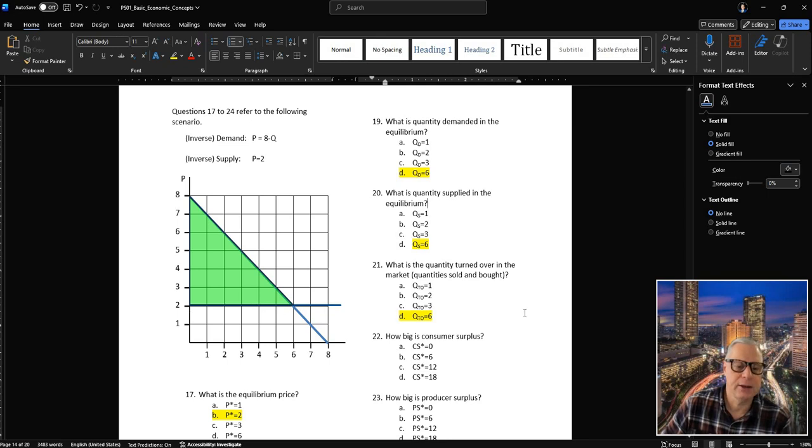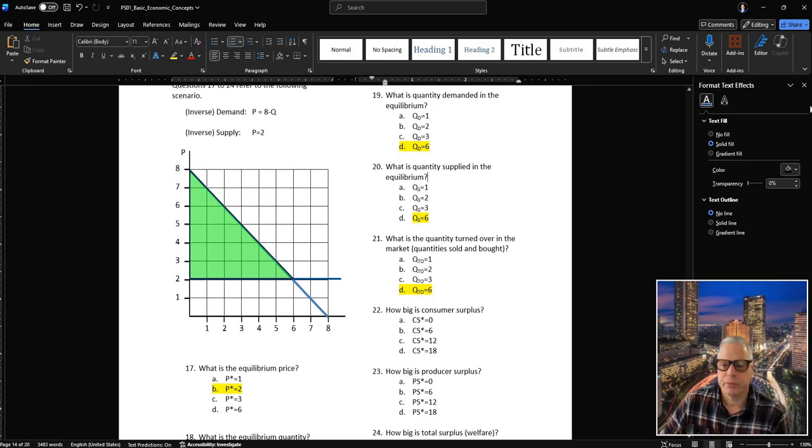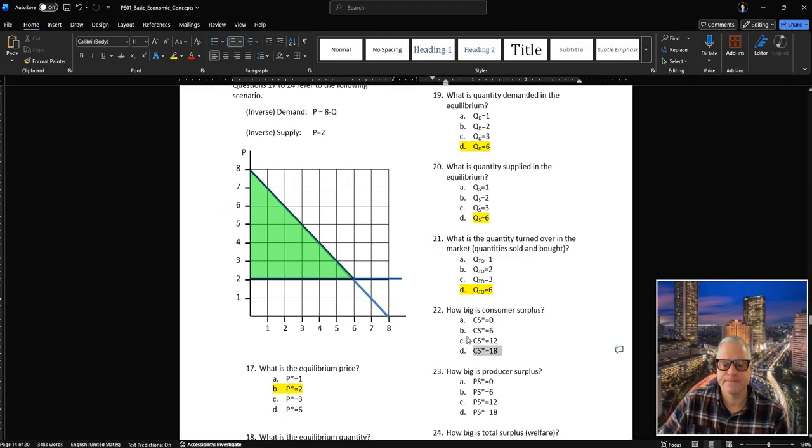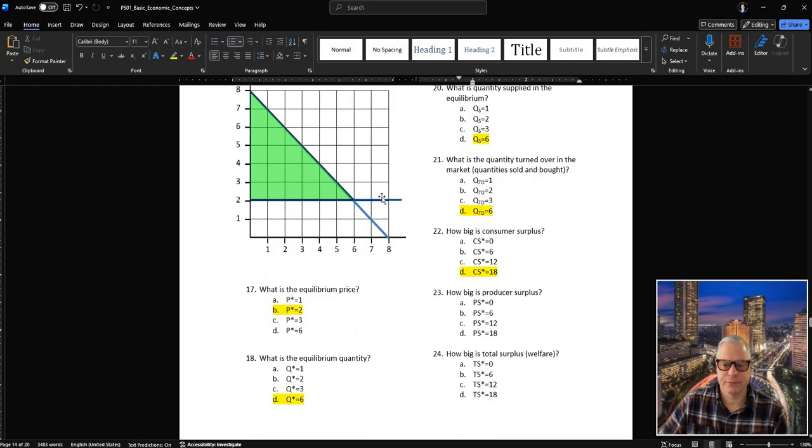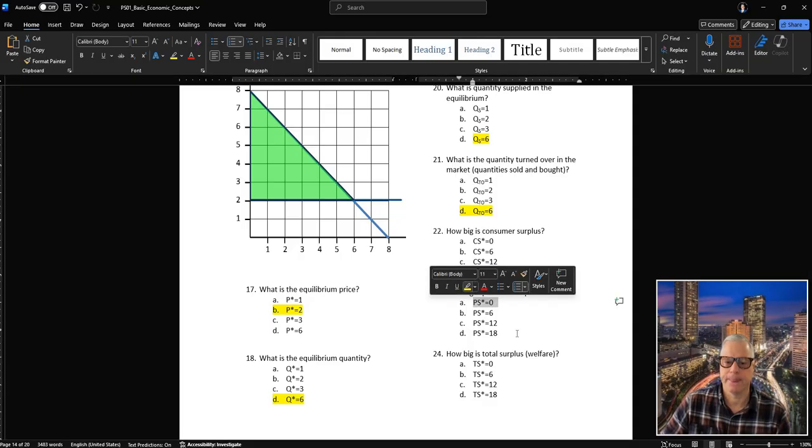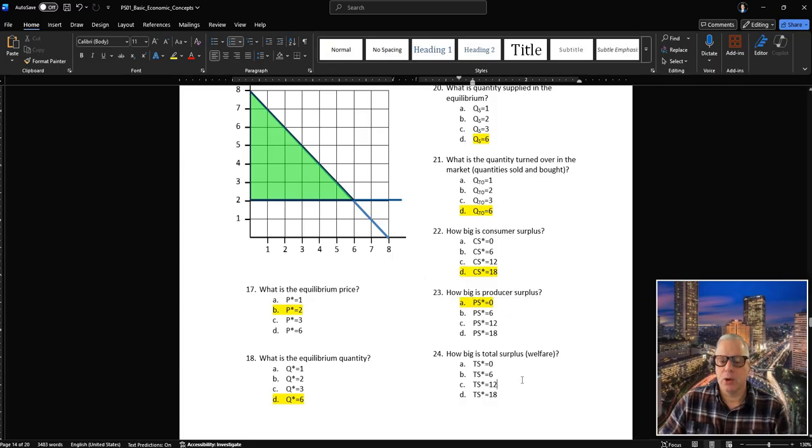That's the height, base 6. 6 times 6, 36 over 2, 18. Producer surplus: there is no gap between the equilibrium price and the supply function, so producer surplus is 0. And all welfare accrues to the consumers, which is 18. So total surplus is 18.